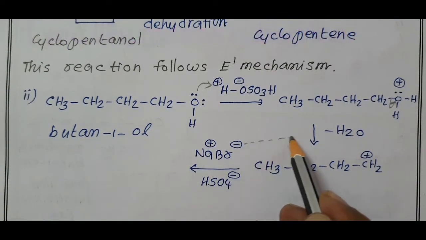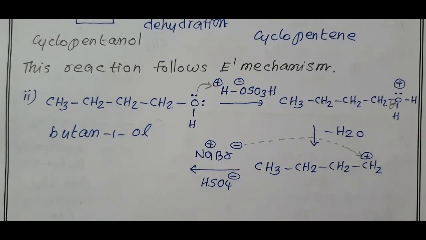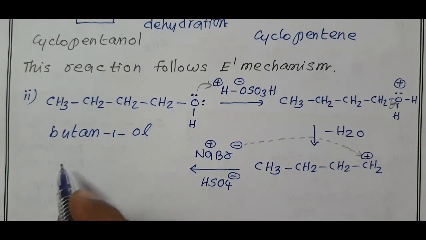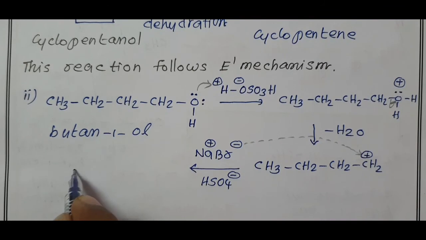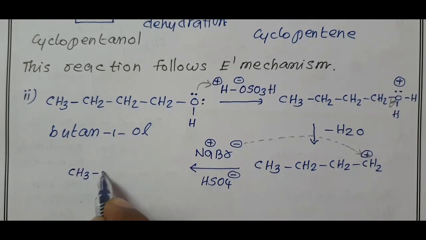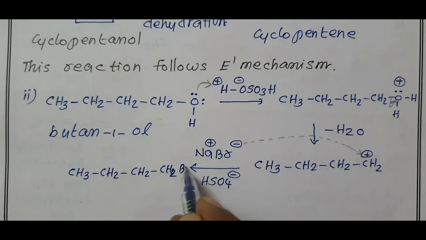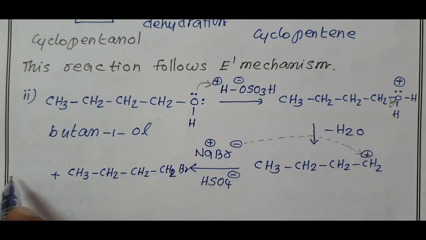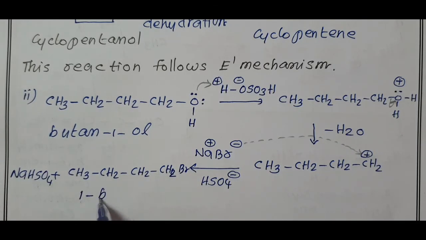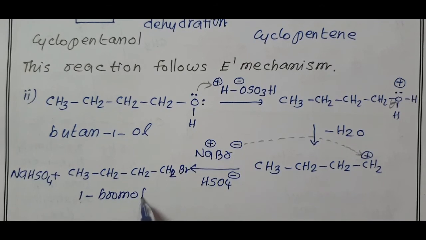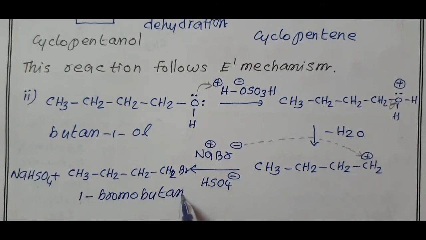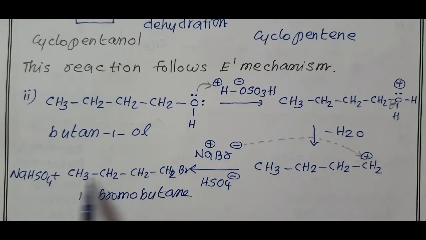Br minus is added to carbon plus and gives the main product, CH3, CH2, CH2, CH2Br, plus loss of NaHSO4, sodium bisulfate. So the product is 1-bromobutane, n-butane, 1-bromobutane.